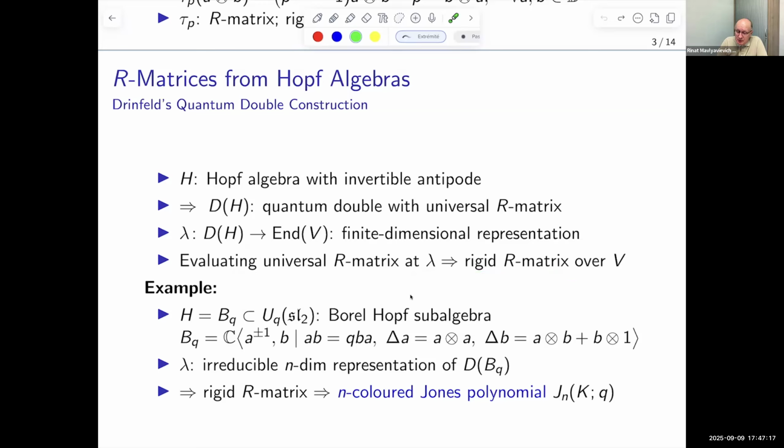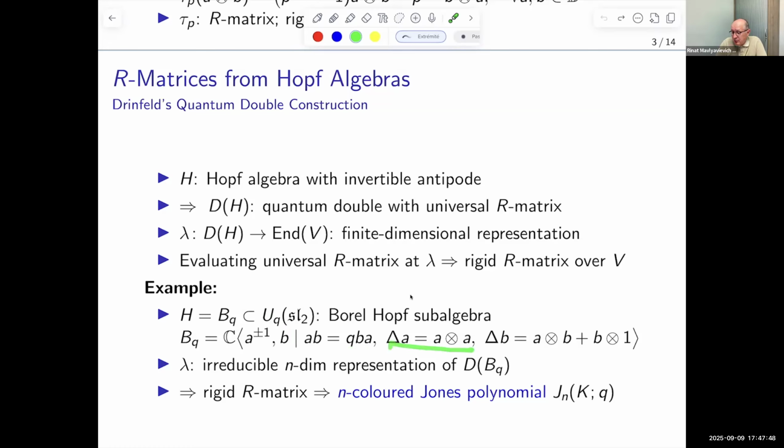Here is an example. We take the U_q(sl2) quantum group and pick as H its Borel subalgebra. More explicitly, as a Hopf algebra it is presented by two generators, one invertible and another one not necessarily invertible. They satisfy a q-commutation relation.